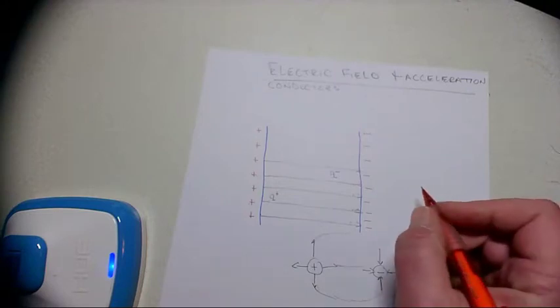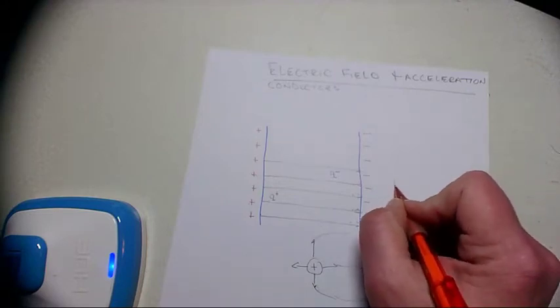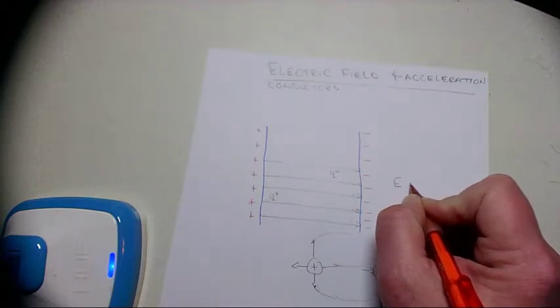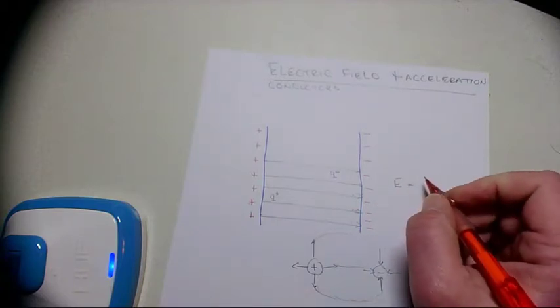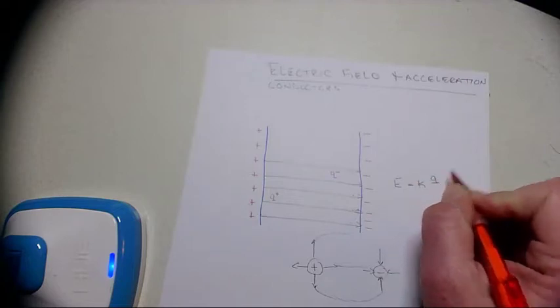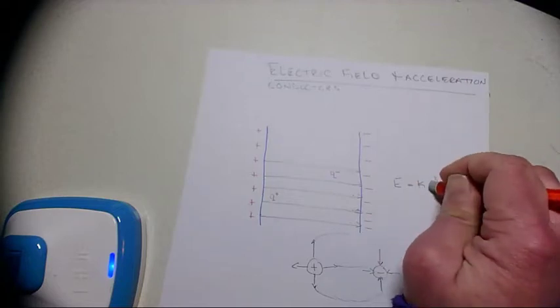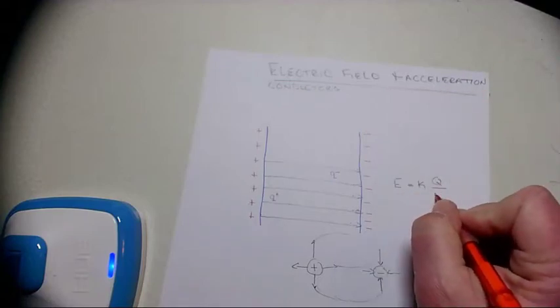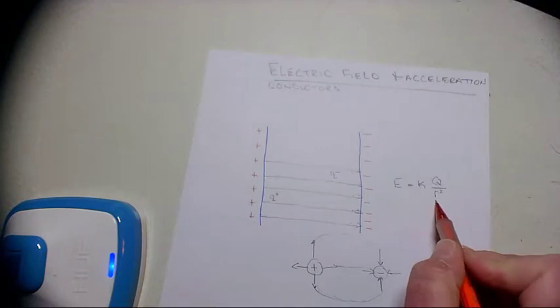And the way we can express that in terms of our fields, we have the electric field equals K, Q, we'll use big Q, the book does, Q over R squared. So that function of R squared, or that distance dependence, is still true, just as it was with Coulomb's law.